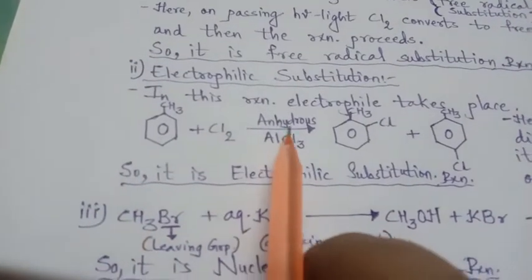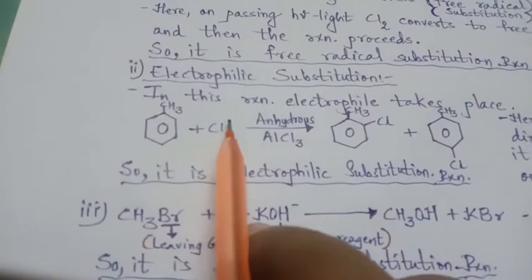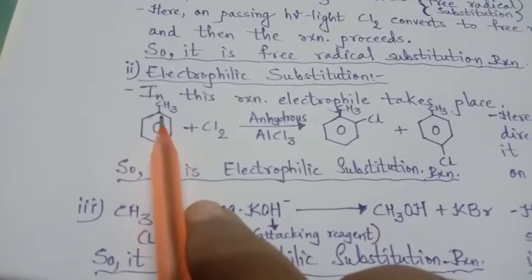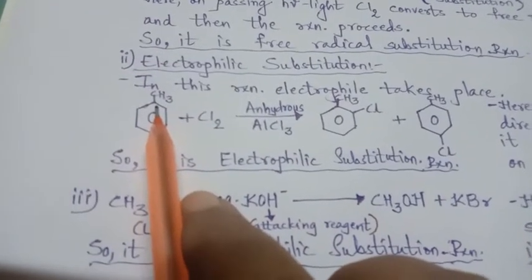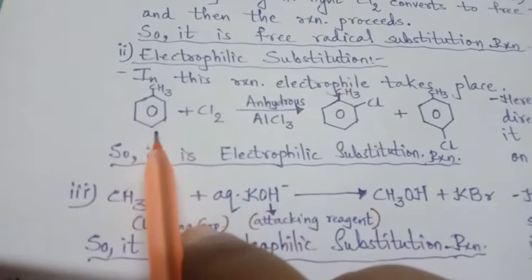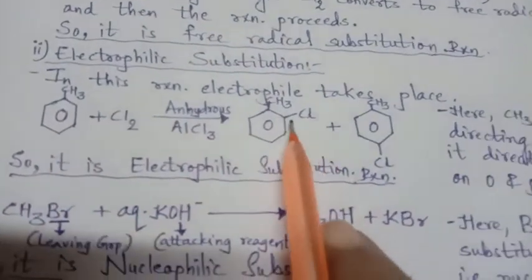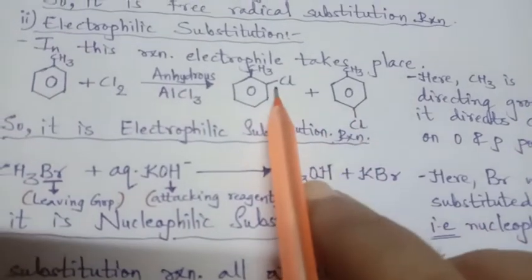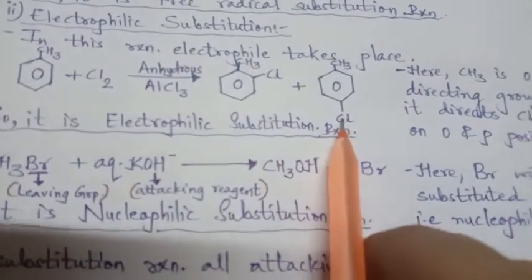So when anhydrous AlCl3 reacts, this will be cleaved, and because the methyl group CH3 is ortho para directing, it will guide this Cl to take position on ortho and para, and we will get Cl on ortho and Cl on para. This is one Cl, this is another Cl, right?